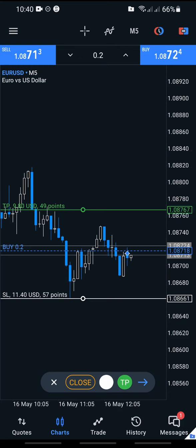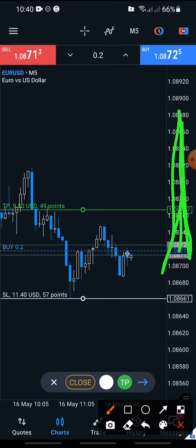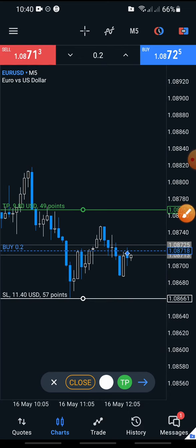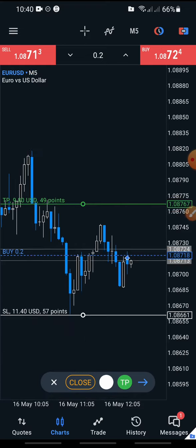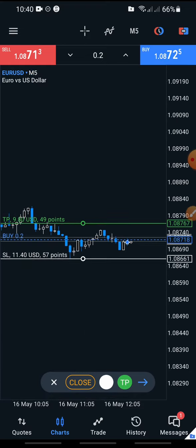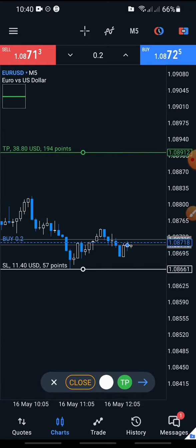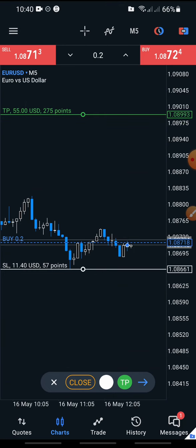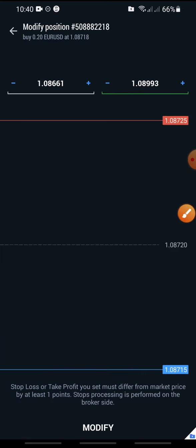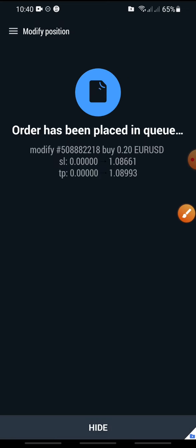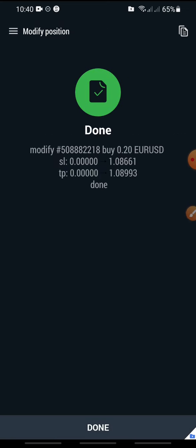Remember, if you slide on this area here, you should be able to adjust the chart down or upward. The upward movement is limited, but you can shrink it very much down. So I can adjust this upward and say this is my TP. Then when you want to save this, you hit the button here and then you modify.